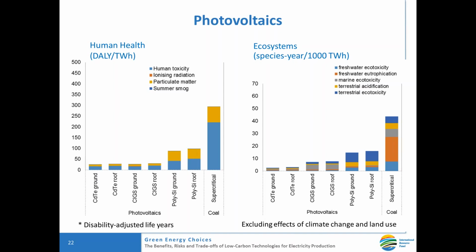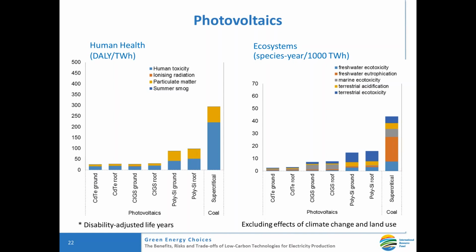We see slightly higher impacts for the conventional silicon-based solar cells. This is related to their high energy requirement during production, and to the fact that we model their production in China, which has a slightly dirtier electricity mix than the production in Europe or the US for the other types of solar cells.